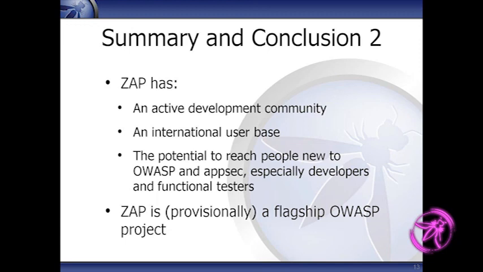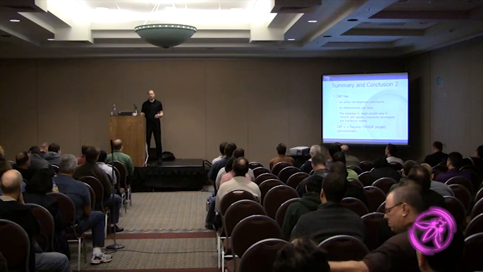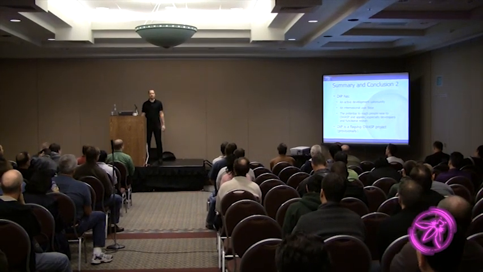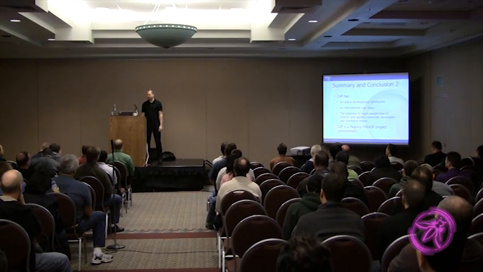And I think it's got a huge potential to reach people that OWASP tools don't usually reach. And as you may know, I think it was mentioned yesterday, the OWASP projects are being restructured, and there's going to be a small number of flagship projects. At the moment, Zap has provisionally been labelled as one of those, so we're all delighted about that.